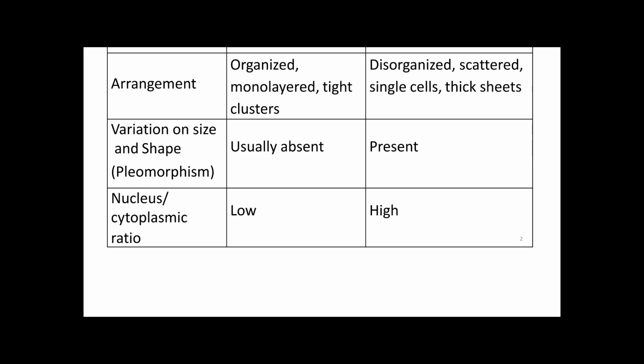N means the first letter of nucleus, C means the first letter of cytoplasm. So what happens in the normal condition? Mature cells are shed out from the cluster.